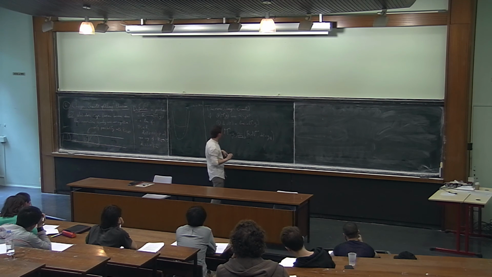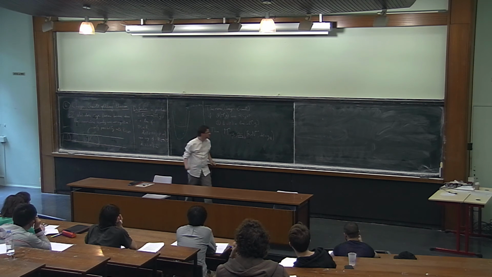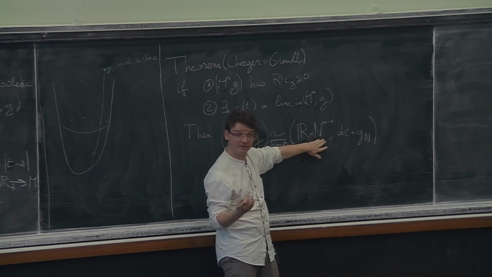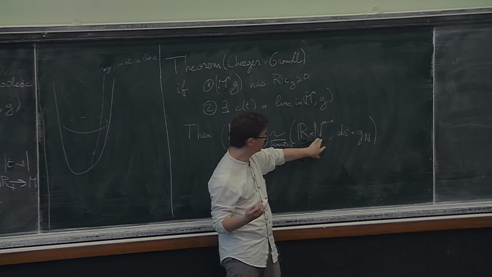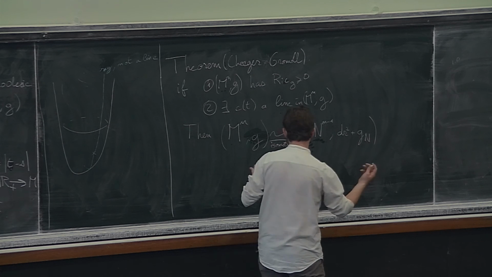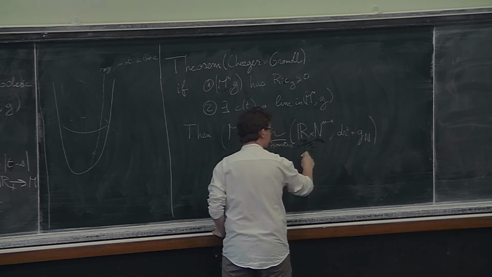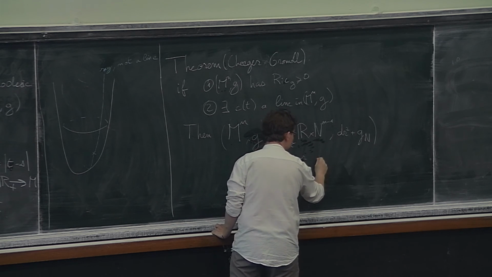Sorry? What does this R square mean? So here the tangent space splits as a product of R and the tangent space to that guy. And so I denote here a point by r, and here by, let's say, p.